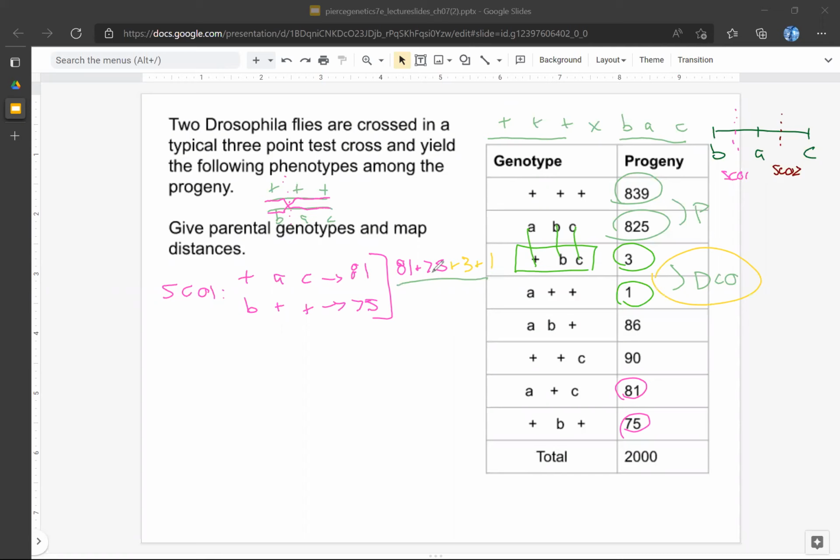So the frequency of the progeny that showed this single crossover 1 is the number of individuals that showed this single crossover event divided by the total number of individuals. And we have the math right here. This equals 0.08.